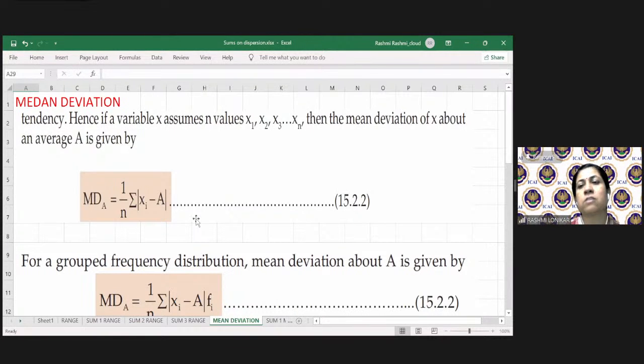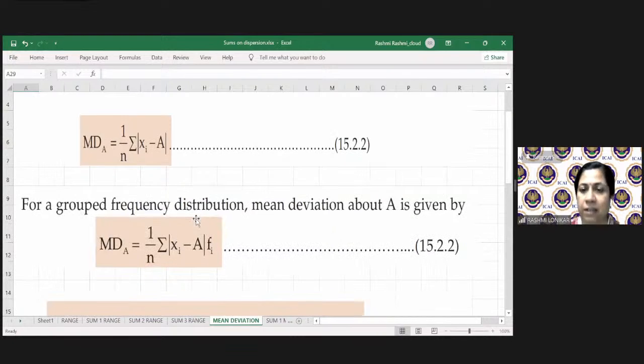What this means is that first I have to find the mean, then find the difference of each number from the mean, then add them up, but remember that I have to take only the positive values. So I find the absolute value of the differences, add them up and divide by n, which will give me the mean deviation about the mean.